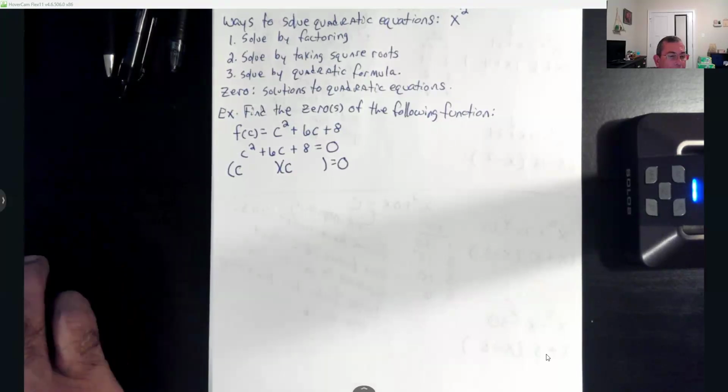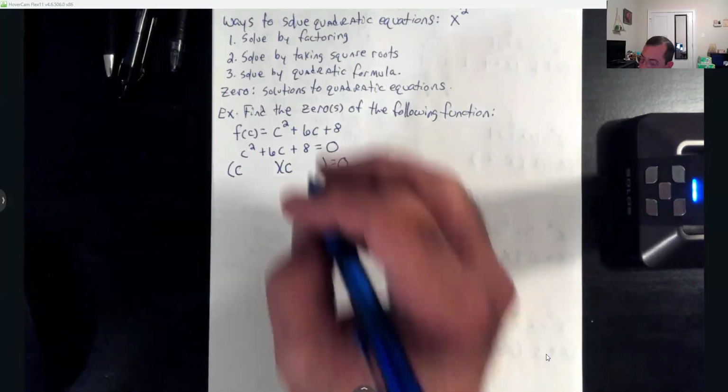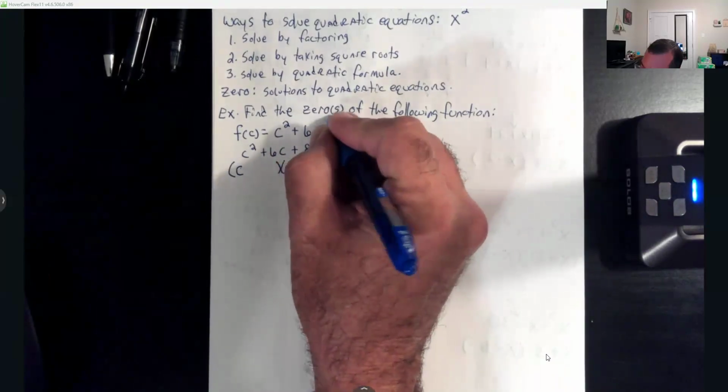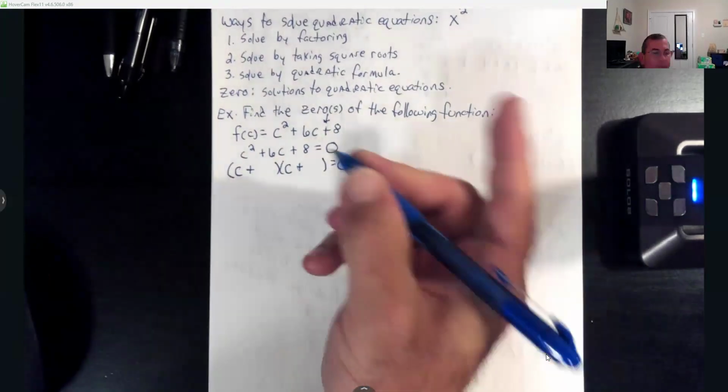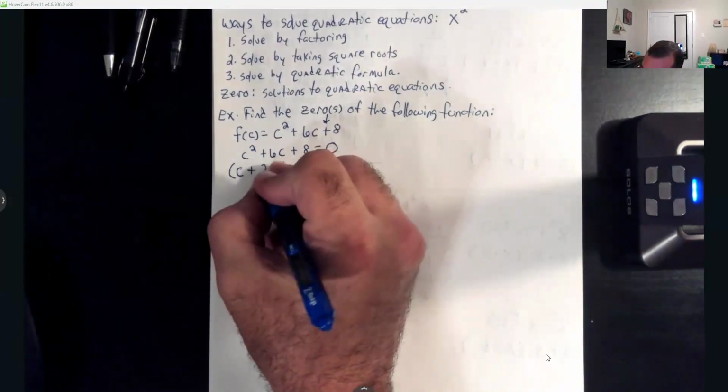What am I getting? C plus 2, C plus 4, perfect. They're both positive because remember this is positive. They're both positive like the middle. And then my factors of 8 that equaled 6 were 2 and 4.